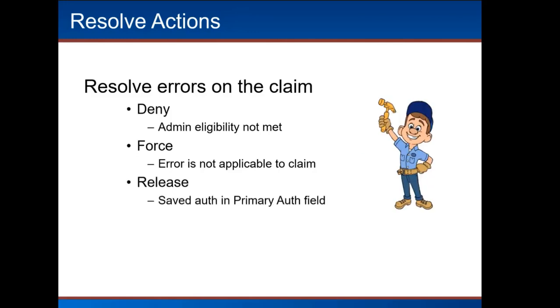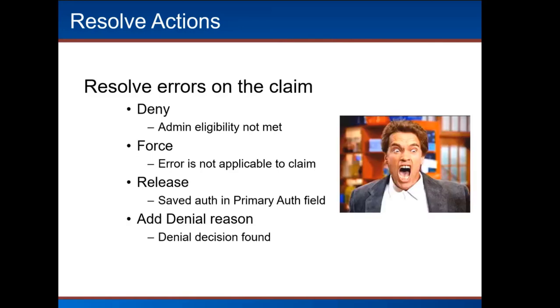Release. We are requesting ECAMS to take another look at the claim, re-adjudicate it. For example, we saved an auth in the primary auth field. And then finally, we can also add a denial reason. In these instances, we have found a clinical decision or additional information is needed.